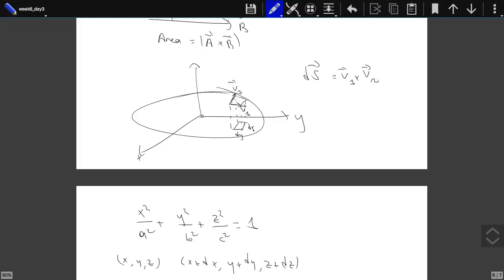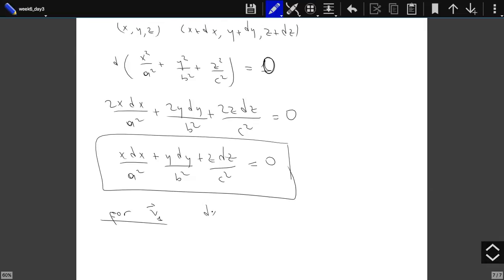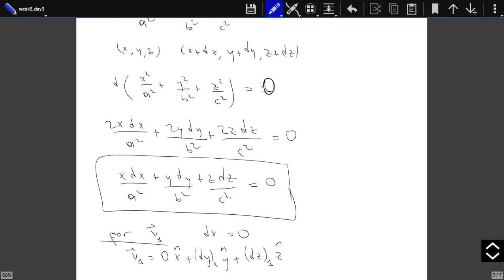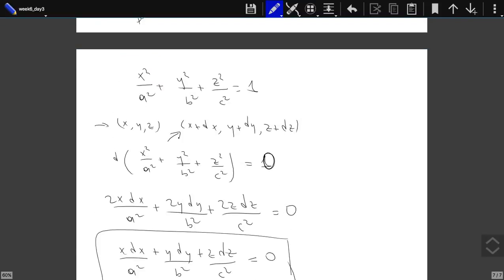Along the side dy, x doesn't change, so dx is equal to 0. V1 is basically 0 in the x direction plus dy in the y hat direction plus dz in the z hat direction. This is what V1 is. V1 connects this point to this point, for the special final point in which dx is equal to 0.